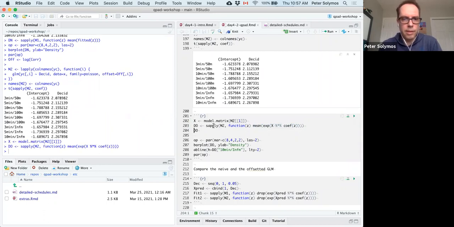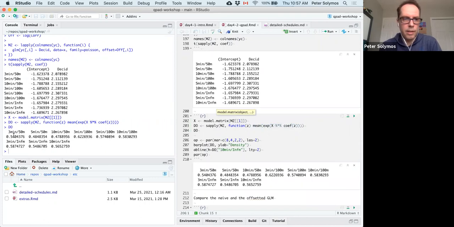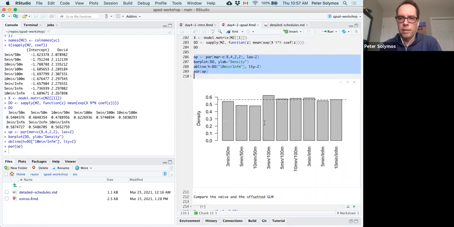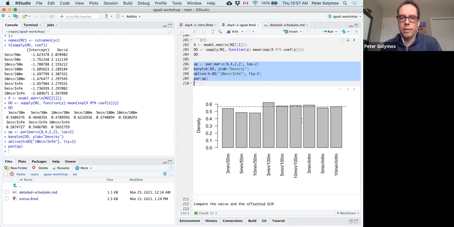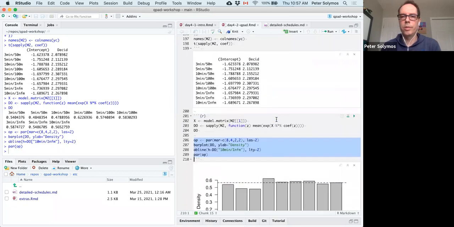DO, density with offset: you can see these mean values are much more similar, and with the bar plot, now we see a very interesting pattern that mimics what we did just using the mean counts. That division was very similar to this, but now we were able to talk about the whole regression thing, so we can visualize how density is changing with the amount of deciduous forest in the neighborhood.